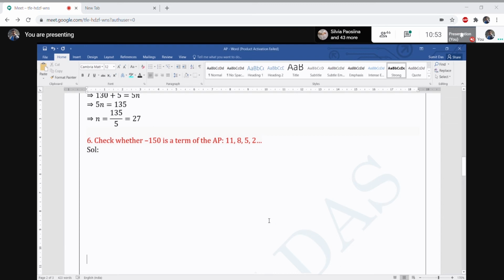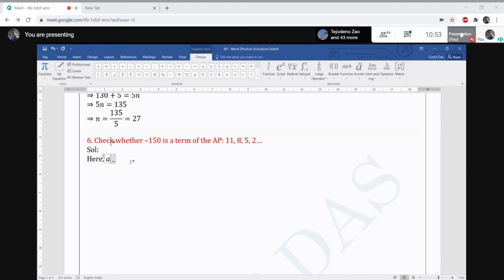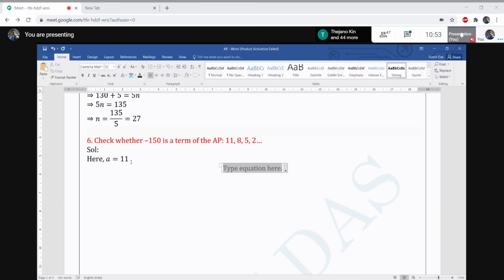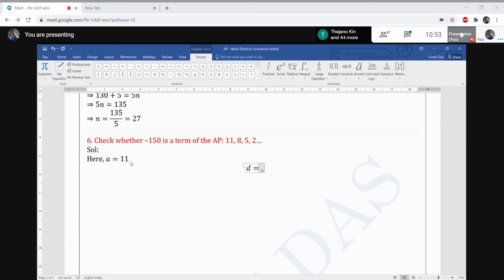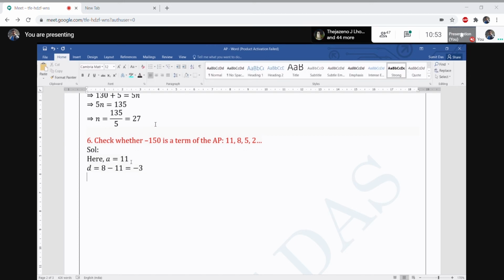Here a equal to 11, d equal to 8 minus 11 which is equal to minus 3. Many students have a tendency, when they see a decreasing sequence, to subtract 11 minus 8.